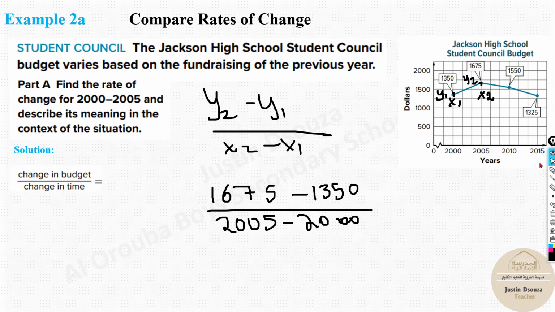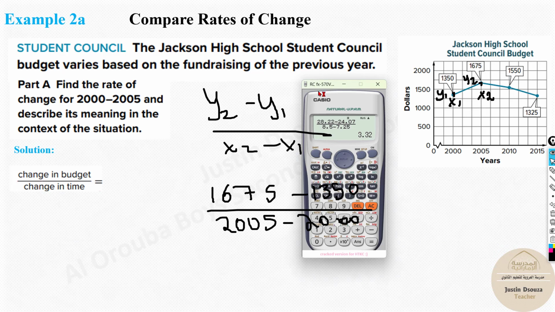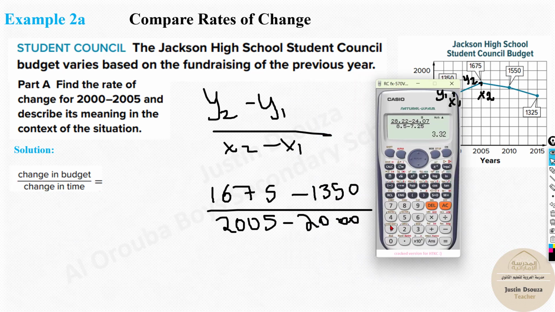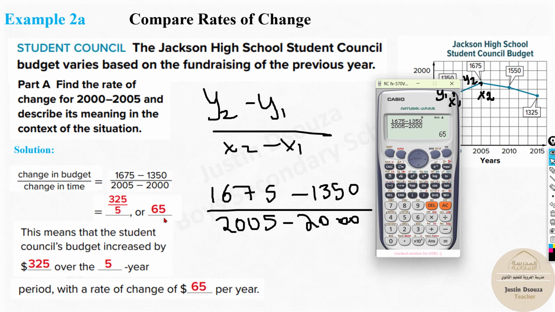So you can directly put it in the calculator, or you can try solving it in your mind a little bit, because these are easy numbers. But anyways, it will be 2005 minus 2000, that would be just 5. The answer over here is 65. So that's the answer. Now what does it say?